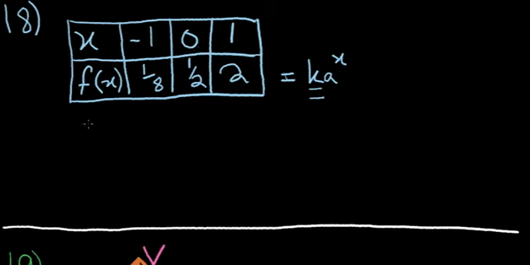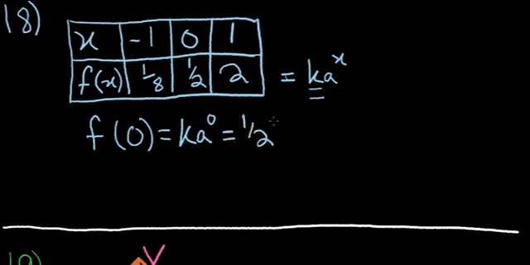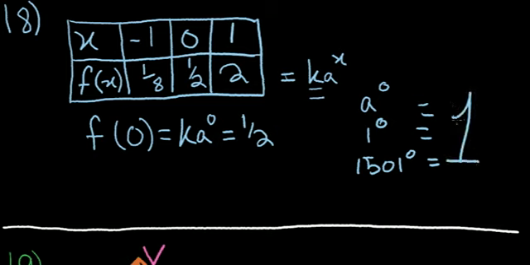So f of 0 equals k a to the power 0, which will equal 1/2. Now, as I said, anything to the power of 0 will equal 1, no matter what.